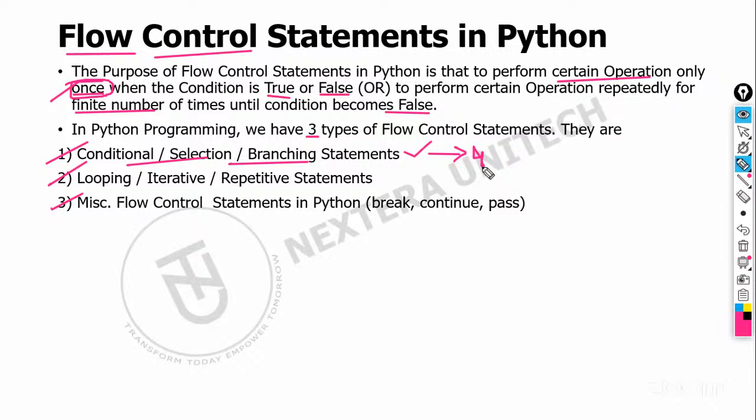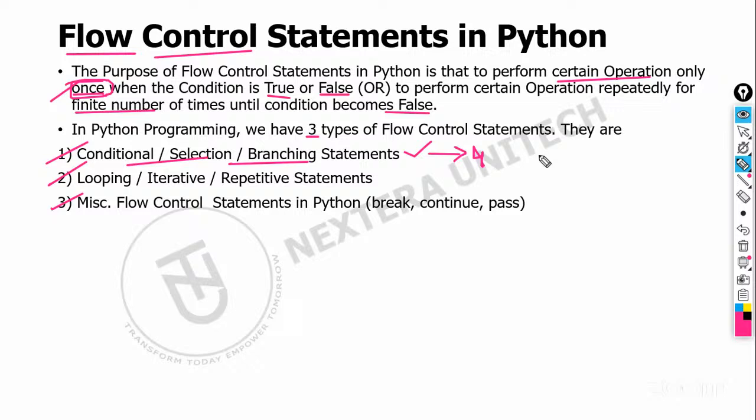Simple if, if else, if elif else, and the fourth one is match case. Four, friends, not three. Simple if is the first one. Then the second one is if else. The third one is if elif else.